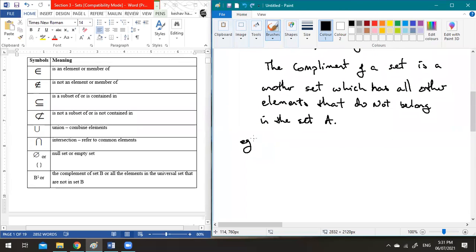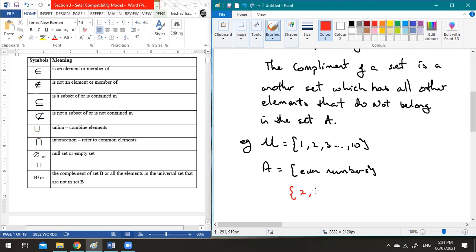Now, this arises from when we have universal sets. So if the universal set is numbers 1, 2, 3, dot, dot, dot, until 10, and then we say A is the even numbers, what would be the values in A, or the elements of A?